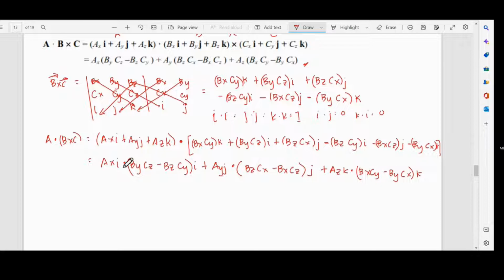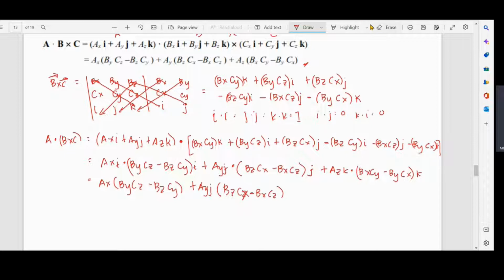Ayan. So, we have I.I will be 1, di ba? I.I is 1, J.J is 1, and then K.K is 1. Therefore, magiging AX BYCZ minus BZCY plus AY, BZCX minus BXCZ.